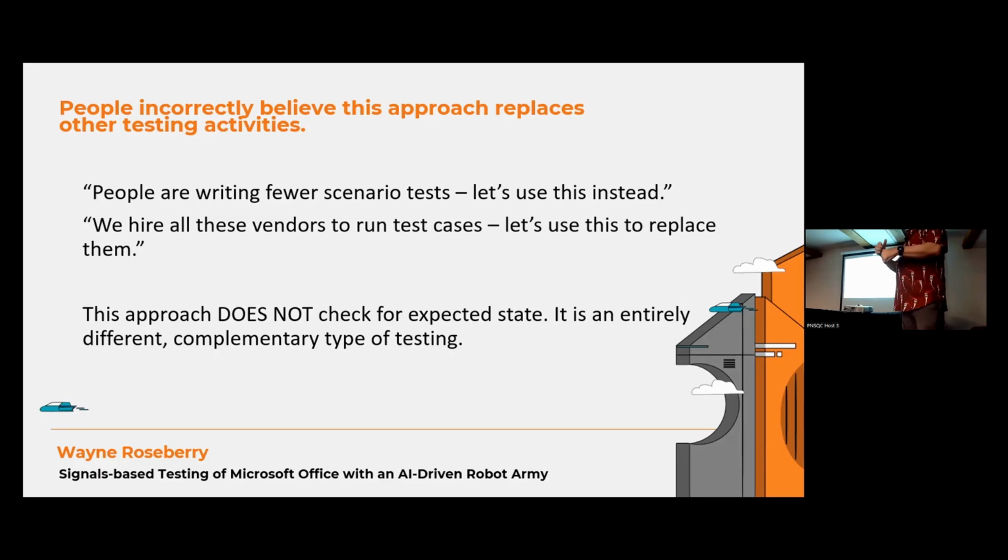This does not say, for example, that opening a file doesn't show the file correctly. It doesn't do any of that, and that's what the scripted tests you wrote do. That's what the vendors are looking for. This complements that with something they weren't going to do, but in no way replaces it. And I had to have this conversation over and over with this guy, and the dev manager on the tool had to have this conversation over and over too.